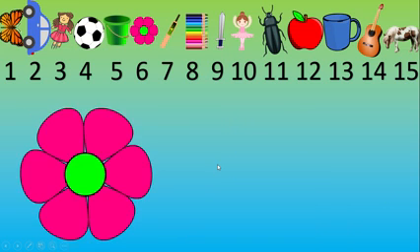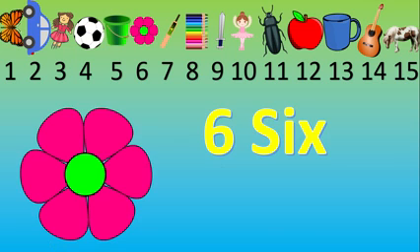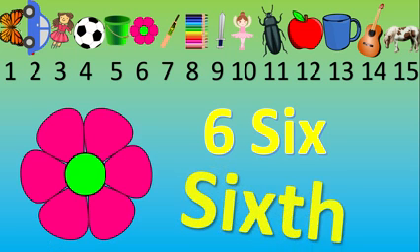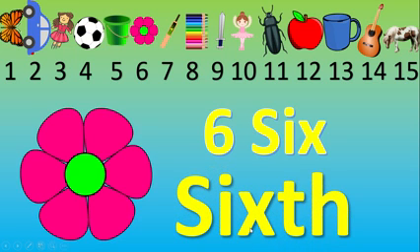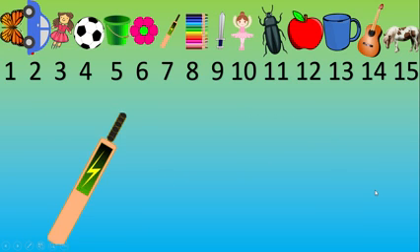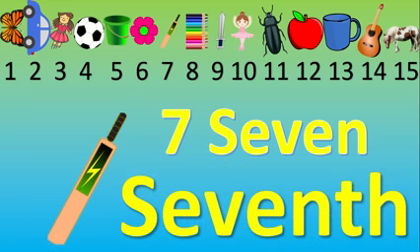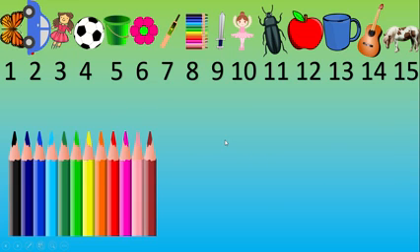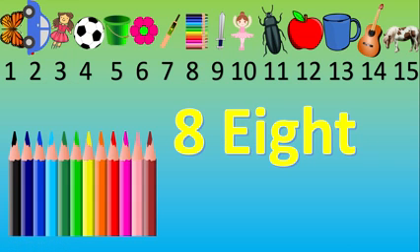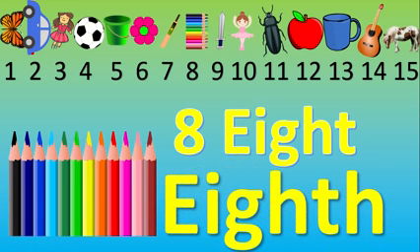The flower is number 6 in line, so it is sixth in line, S-I-X-T-H, sixth. The cricket bat is number 7 in line, so it is seventh, S-E-V-E-N-T-H, seventh. The pencils are number 8 in line, and they are eighth. Pay attention.